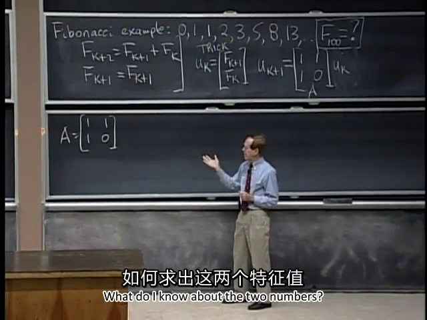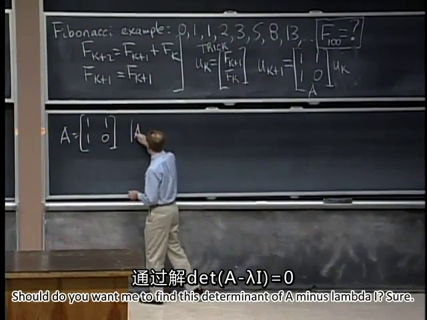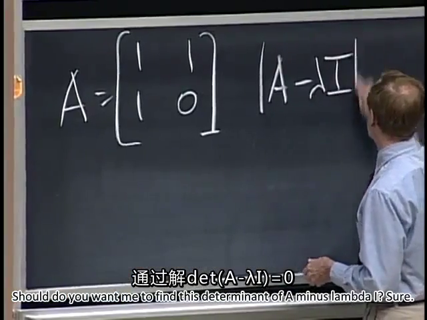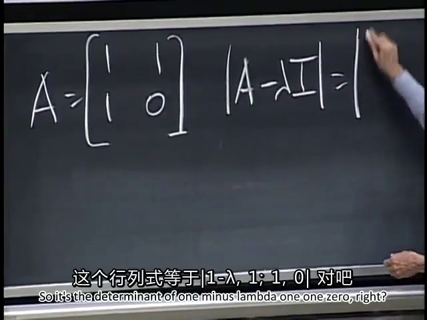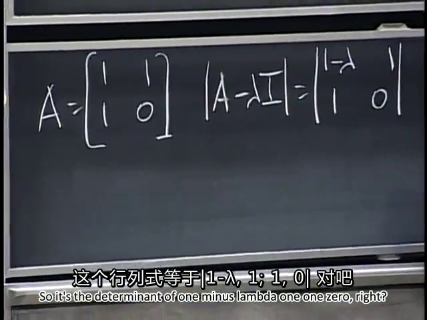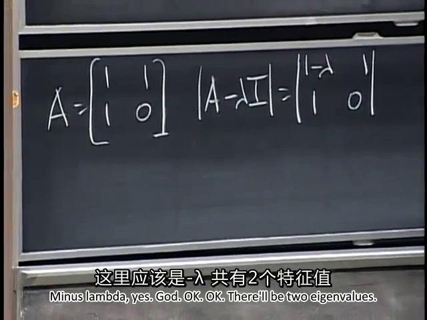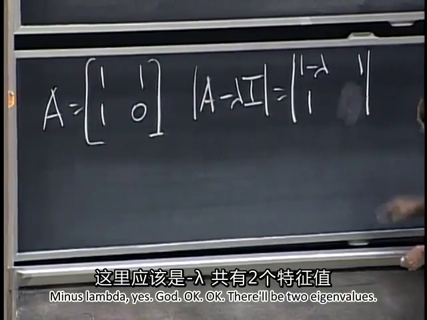What do I know about those two numbers? Well, do you want me to find this determinant of A minus lambda I? Sure. So it's the determinant of 1 minus lambda, 1, 1, minus lambda.